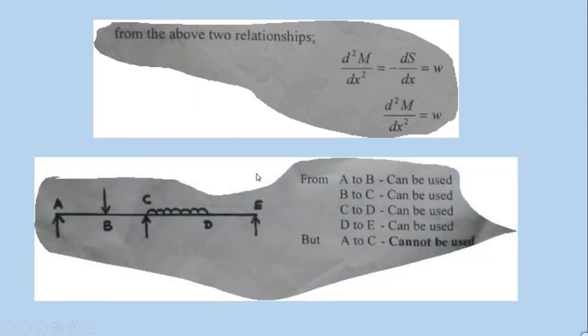So we come up with d squared M over dx squared is equal to minus dS over dx, which is equal to w according to our early proof. It ends up with d squared M over dx squared is equal to w. This is also a very important one when we are doing calculations, and this is the most important one that you should keep in your mind.